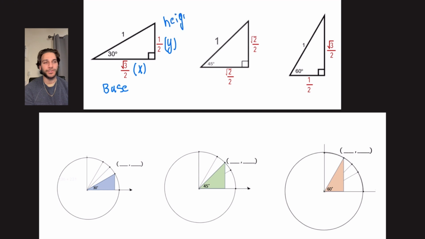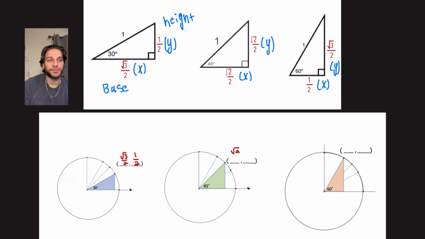So now what we're going to do is write these values for x and y on each triangle. So for the 30-degree one, I'm going to put that on this triangle. That's going to be root 3 over 2, comma 1/2. The next triangle is going to be root 2 over 2, root 2 over 2. And then for my last triangle, I'll get 1/2 as the x value, root 3 over 2 for the y value.